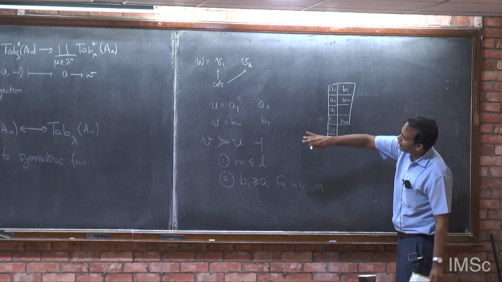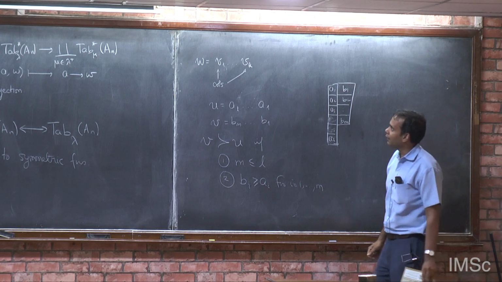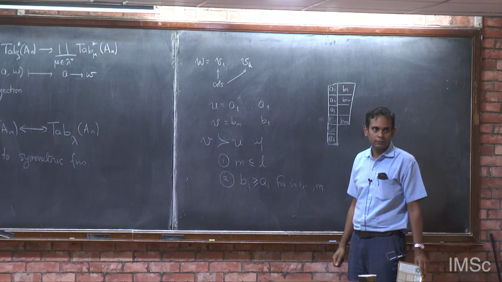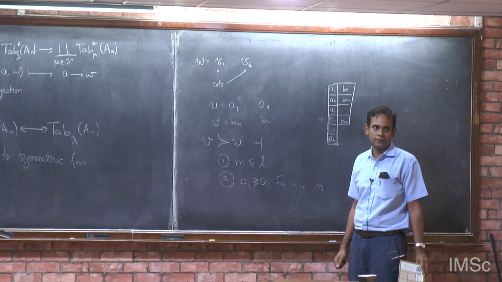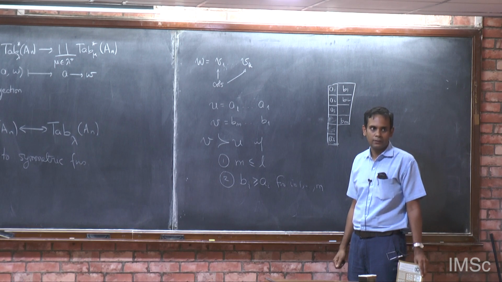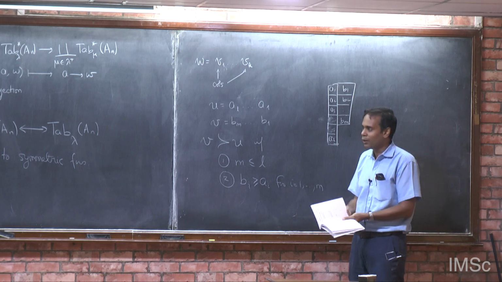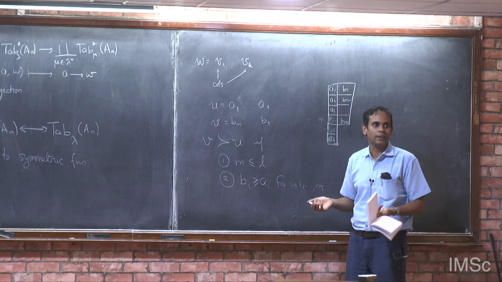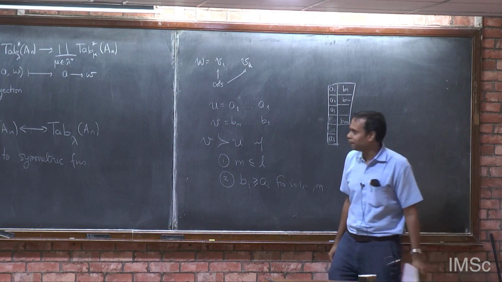So, which is why both these things give the same set of words. So, we have two different sets of words which correspond to the same figure, which is the semi standard Young tableau that we like to talk about.